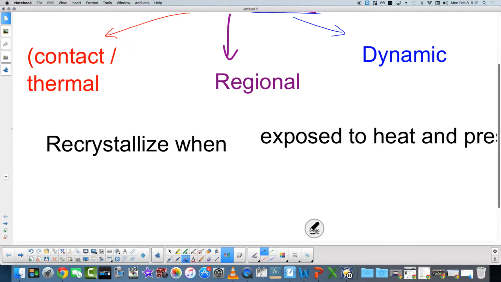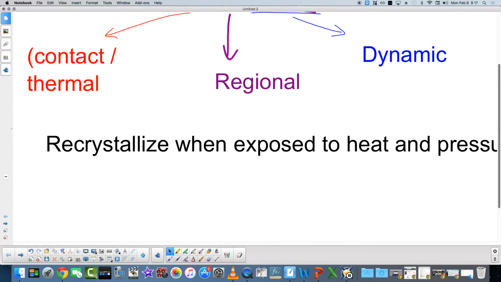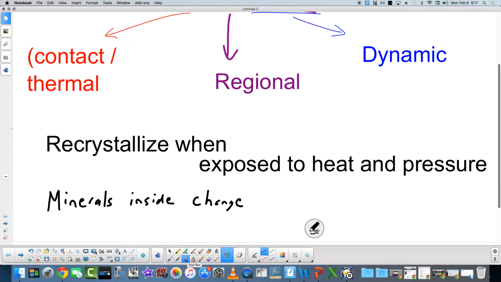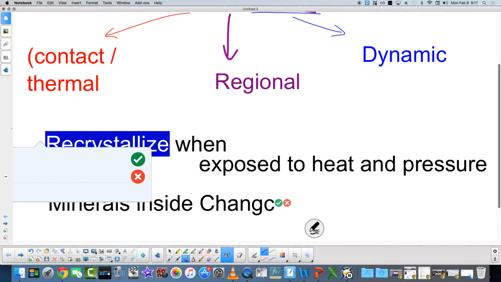And that is that the minerals inside change. They rearrange. They recrystallize.